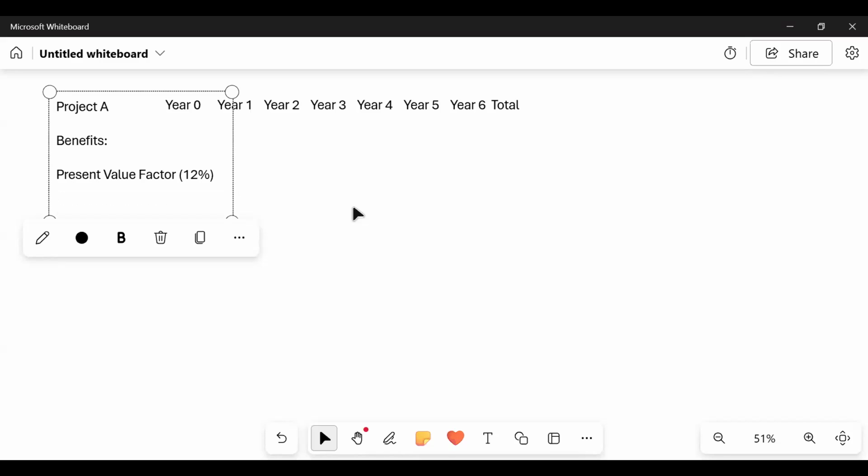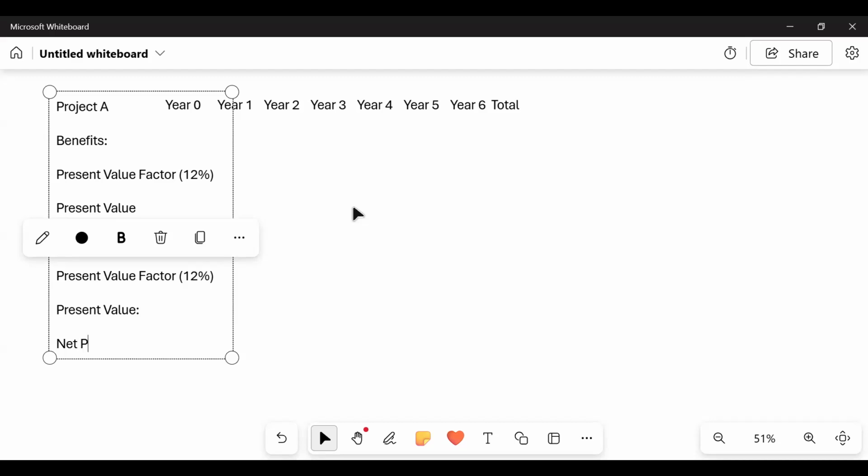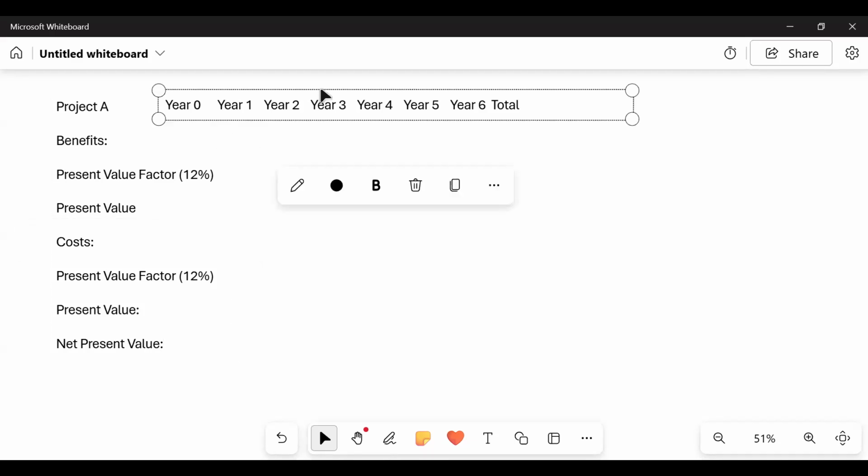So I said 12%, and then we will have present value, and then we'll have costs, then again present value factor. Again, I'll assume that it's 12%. Then present value, that means the costs. And finally, we'll work out something called net present value. And this is what I want you to find out. Okay, so I think you are comfortable with the first part.